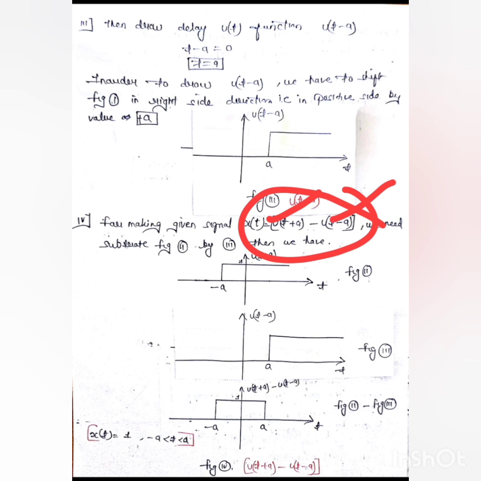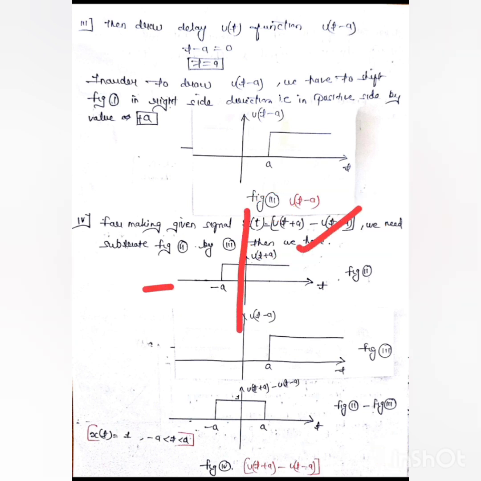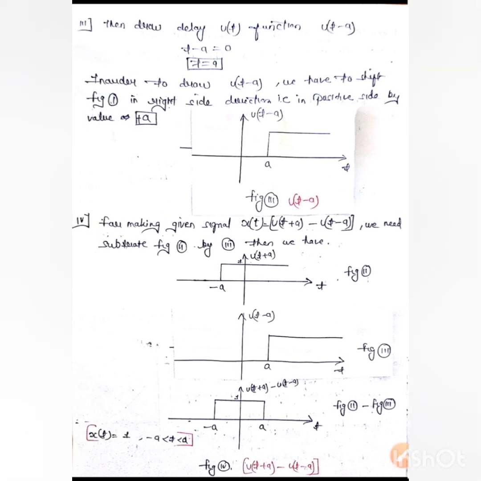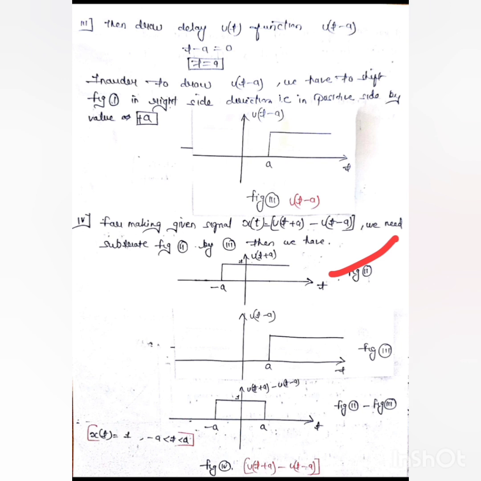So we have u(t+a), this expression. Now after u(t+a), we get the second expression u(t-a). Now when we subtract the first figure by the second figure, we get, as here the value is 1 and here there is no value, 1 minus 0, 1.